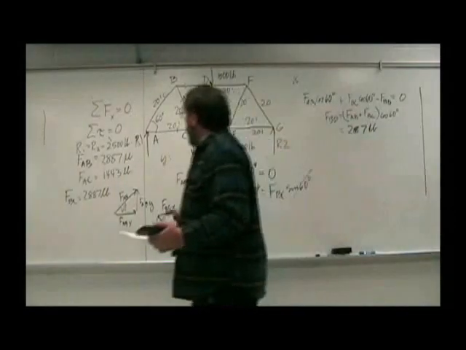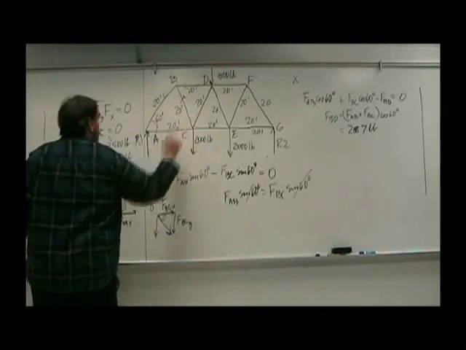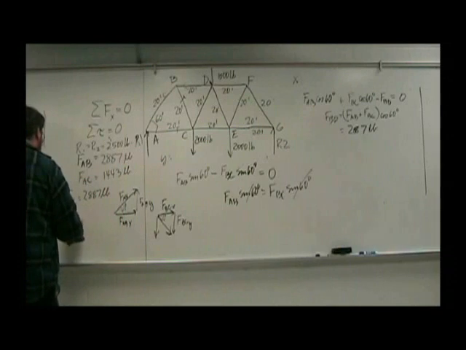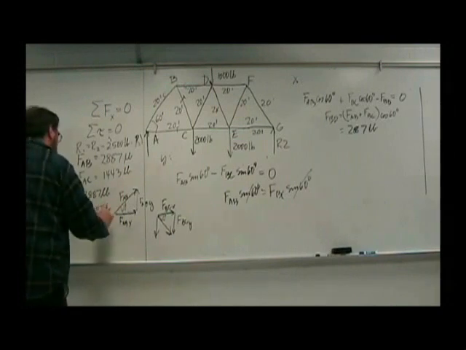Now the reason we're getting a lot of the same numbers is that these are all 20 feet. If we didn't have that, you would get different numbers, but the method would still work. So FBD equals 2887 pounds.